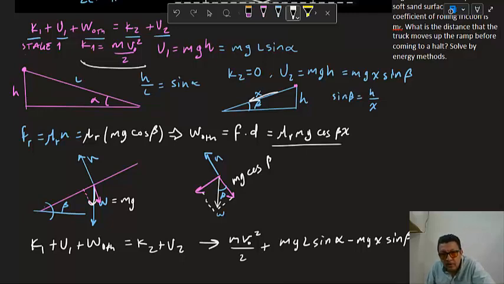Now this equals the second stage: 0 plus mgx sine of beta.